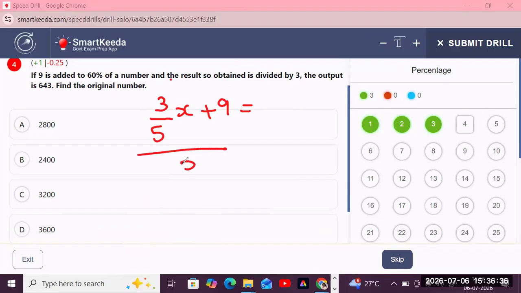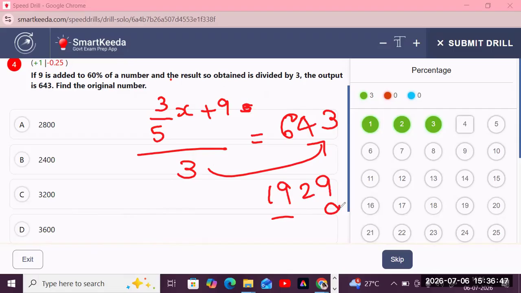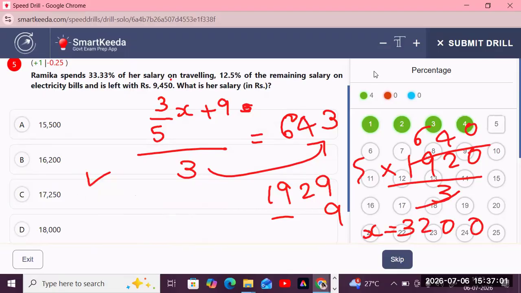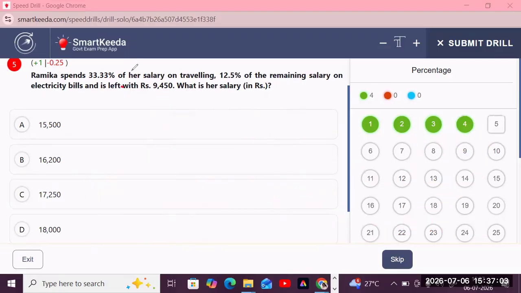The output is 643. तो ये 3 इधर चला जाएगा तो 9 12 19 -9 तो 1920 अपॉन 3 इंटू 5 5 6 का 40 0 to 32. What is the number? 3200 is the number.